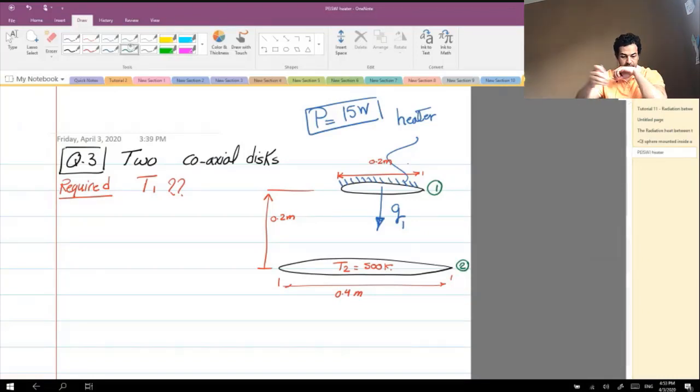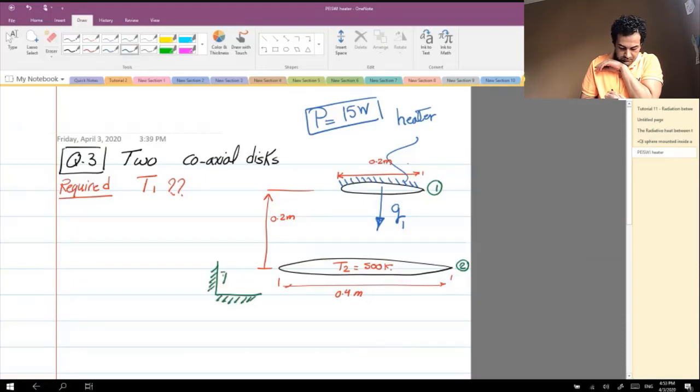The surrounding temperature, we name it T3, is 310 K. So what is T1 in that case?